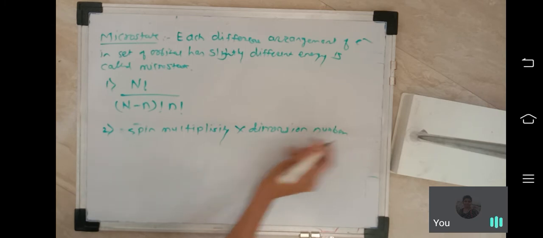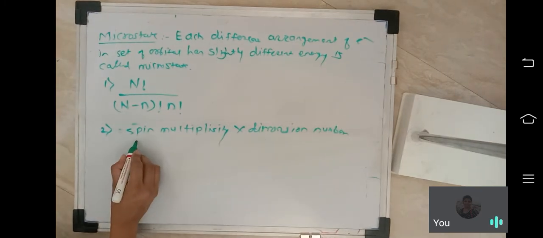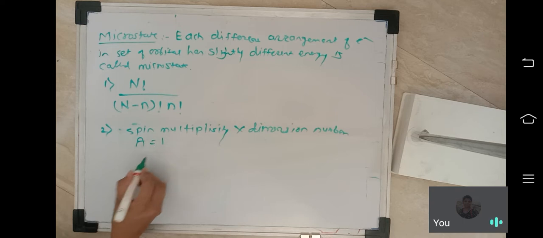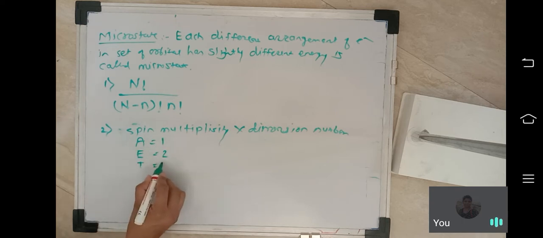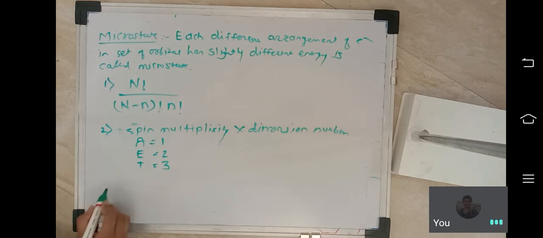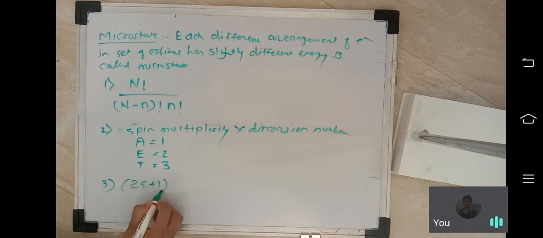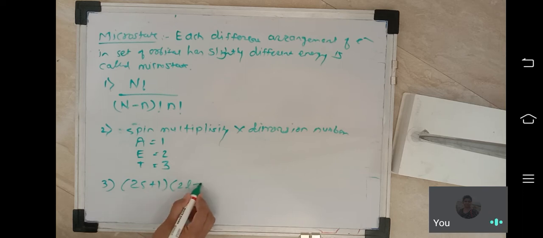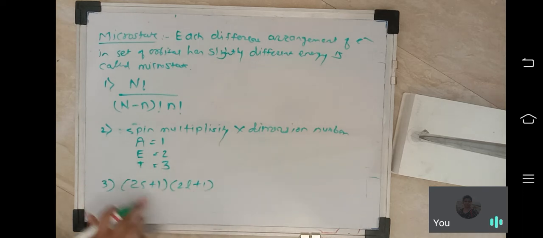Here, when A is there you take 1, when E is there you take 2, and when T is there you take 3. The third formula is degeneracy equal to (2S plus 1)(2L plus 1). These are the three important formulas to calculate the total degeneracy.